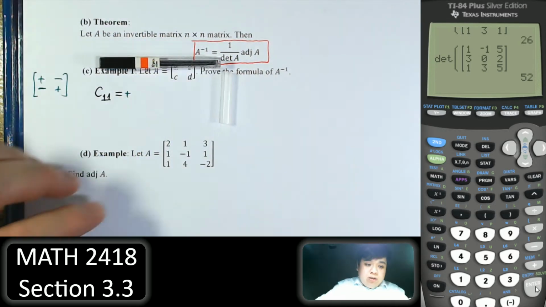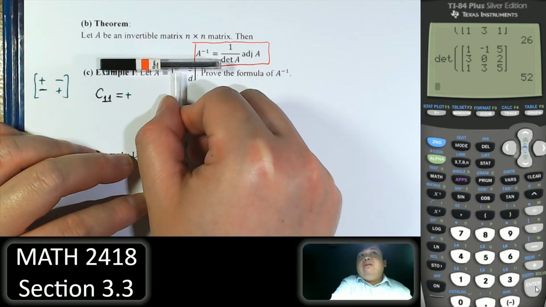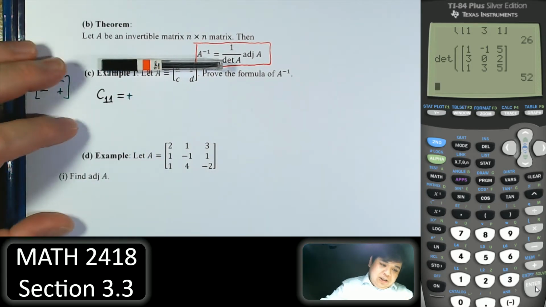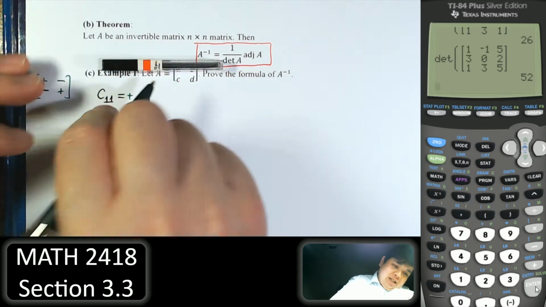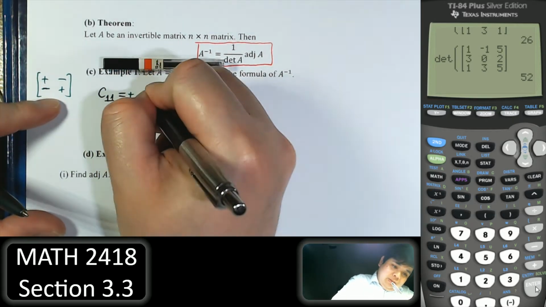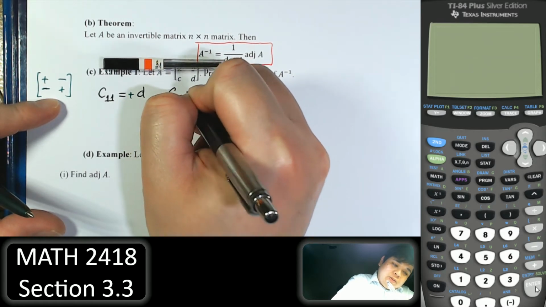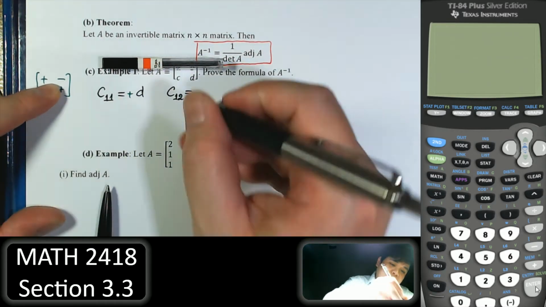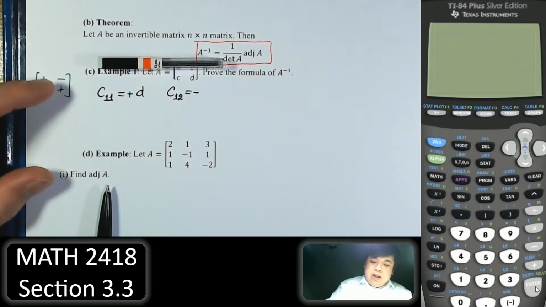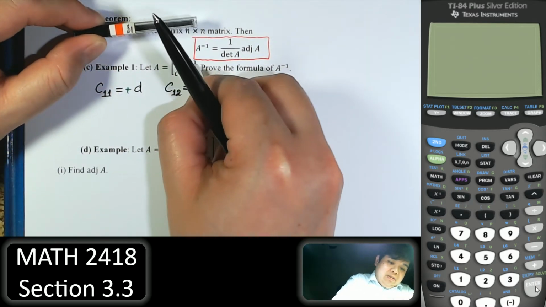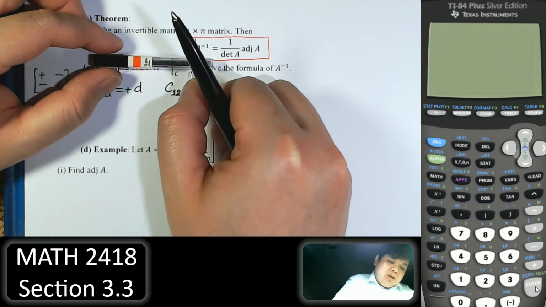When we do that, what's left? Just D, right? So that gives us D. Now, C12, standing on the negative sign, and we cover the row and the column containing B. In that case, it will be C, right?